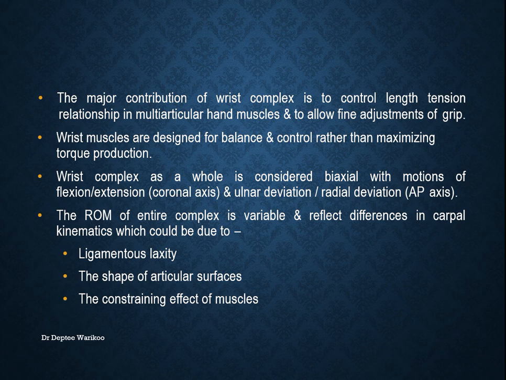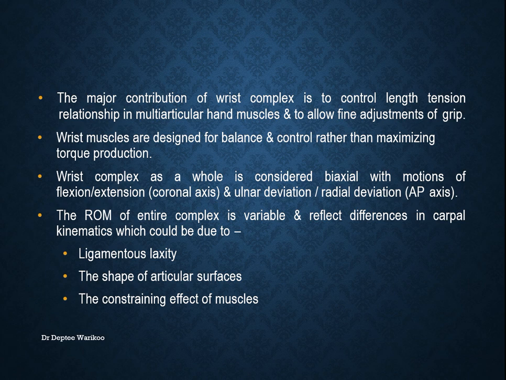Wrist muscles are designed for balance and control rather than maximizing torque production. The wrist complex as a whole is considered to be biaxial, with motions of flexion and extension around a coronal axis, and ulnar deviation and radial deviation around an anterior-posterior axis.